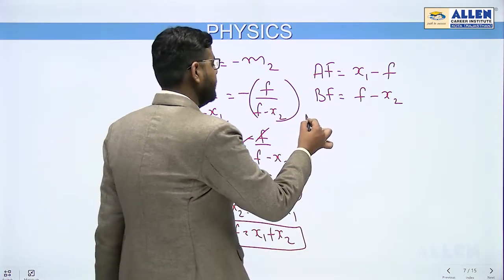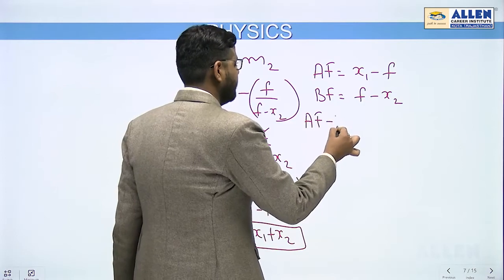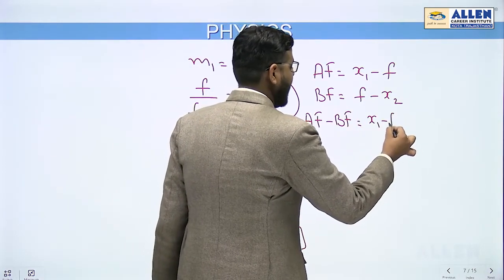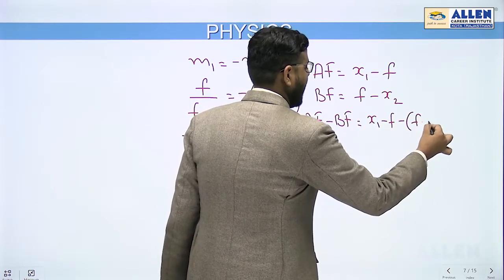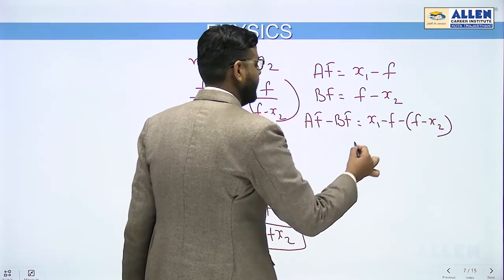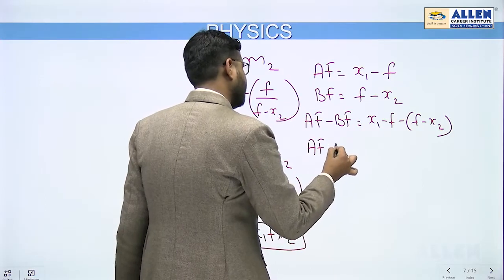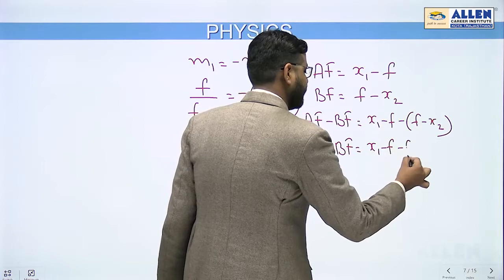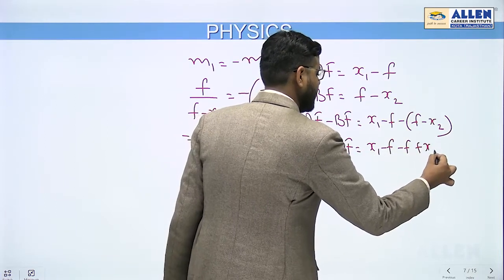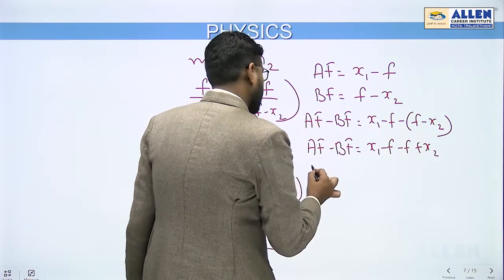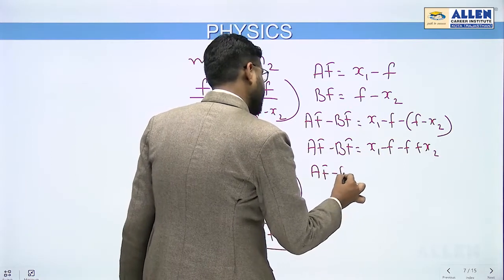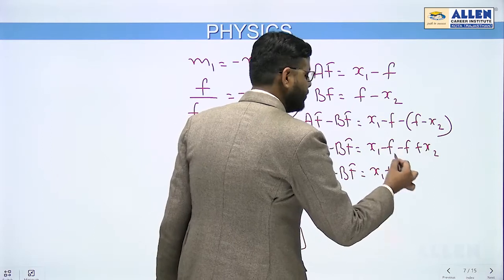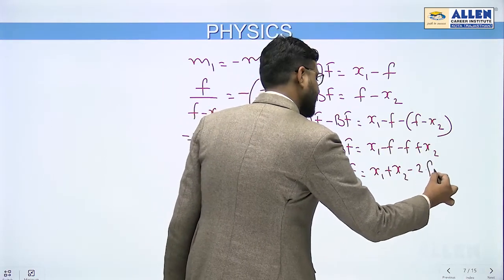Now AF minus BF is equal to x1 minus f minus f minus x2, or AF minus BF is equal to x1 minus f minus f plus x2, or AF minus BF is equal to x1 plus x2 minus 2f.